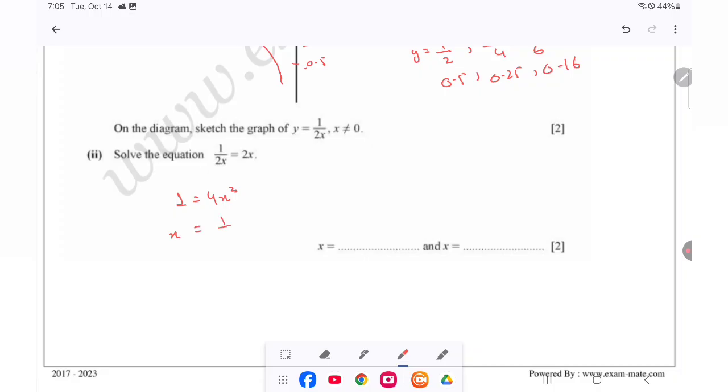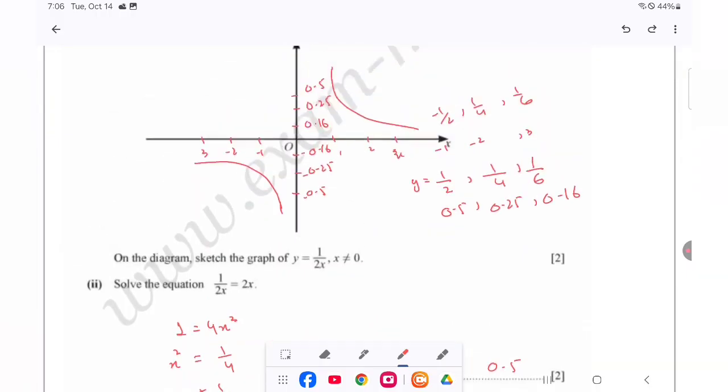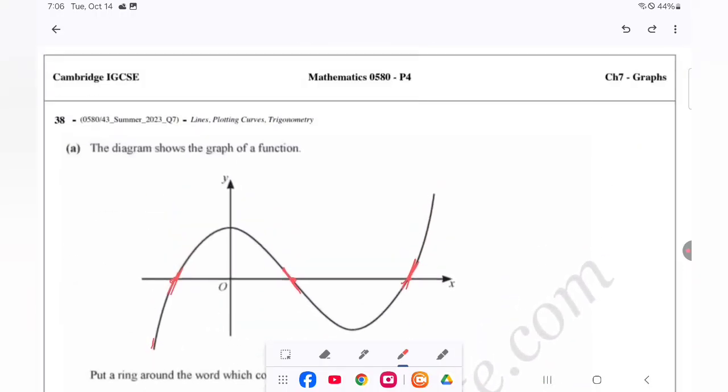Divide both sides by 4 and take the square root on both sides. So the x value is 0.5 of negative and 0.5 of positive. So this is our second part of B, and our question 38 is completed.